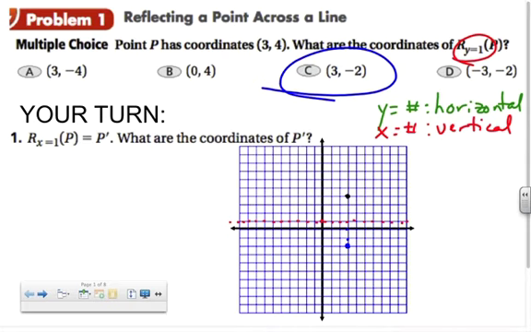On the same grid, you're still starting with point P again. This time you're reflecting it over x equals 1. As I told you here, that's a vertical line. So it's a vertical line passing through 1 on the x-axis. It is here.